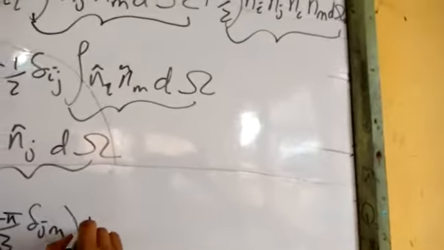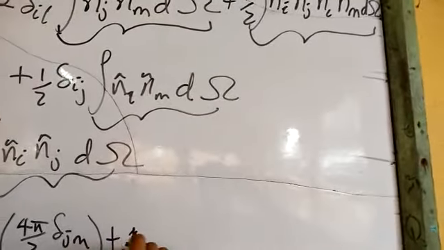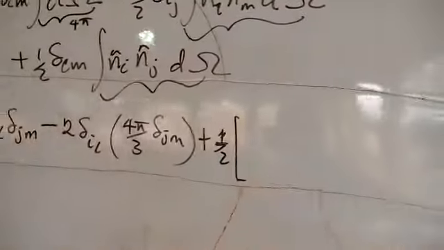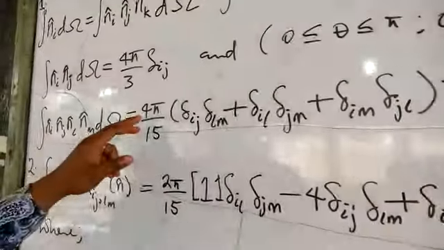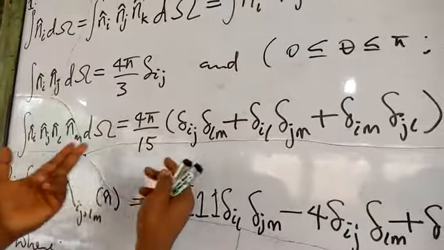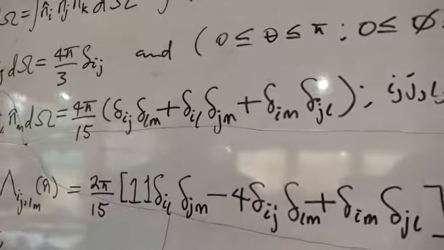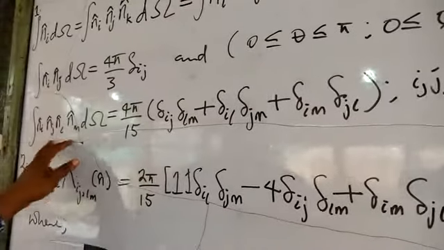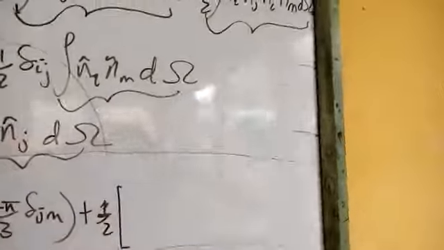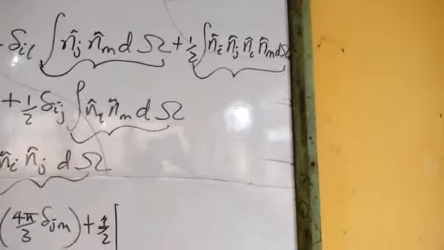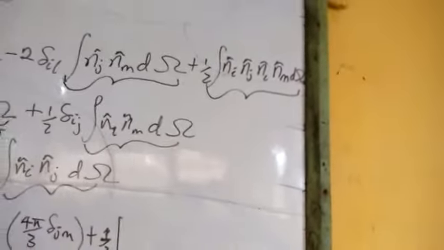Next is going to be plus 1 all over 2. Again, now we will have to open a big bracket because if you recall, this result was 4 pi over 15, but the first two, i and j and iota, I think here you can see the interchange. And then, of course, it's exactly the same thing. I don't need to bother myself. So very easy, I simply copy out the result.